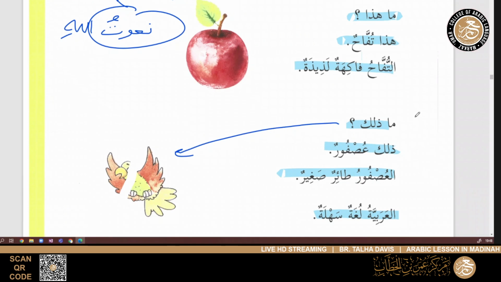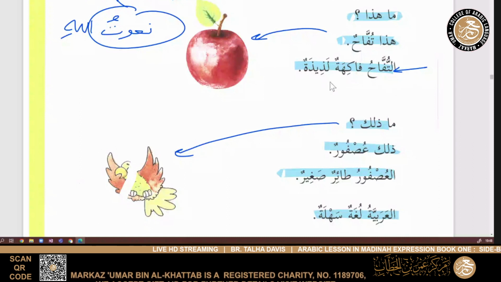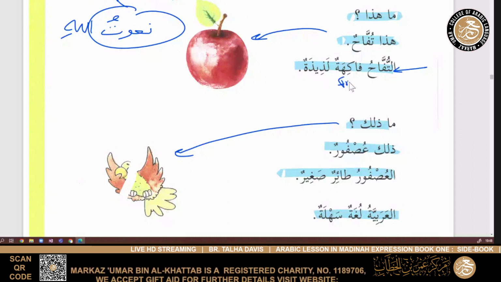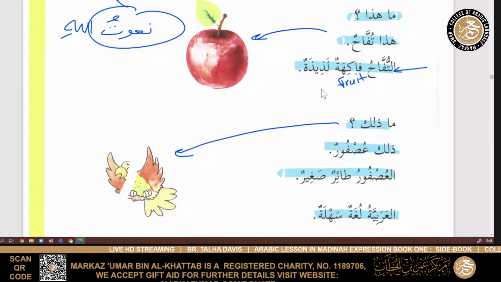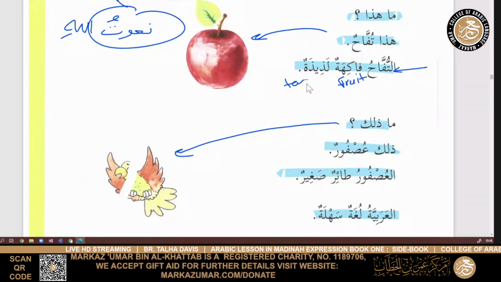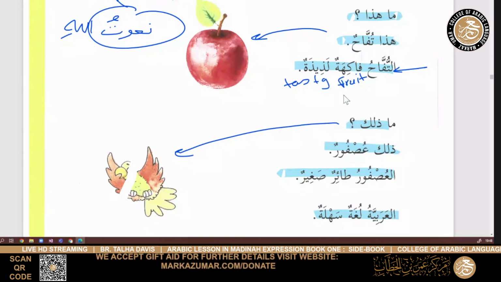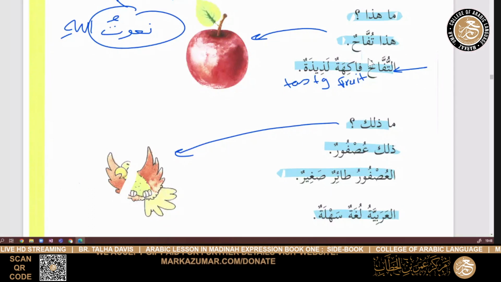ما هذا? What is this? هذا تفاح. This is an apple. التفاح, the apple. فاكهة لذيذة. So فاكهة means fruit. لذيذة, we've done لذيذ in a previous lesson, which means tasty. التفاح فاكهة لذيذة. So in the chat, which one in this sentence is man'ut and which one is na'at?